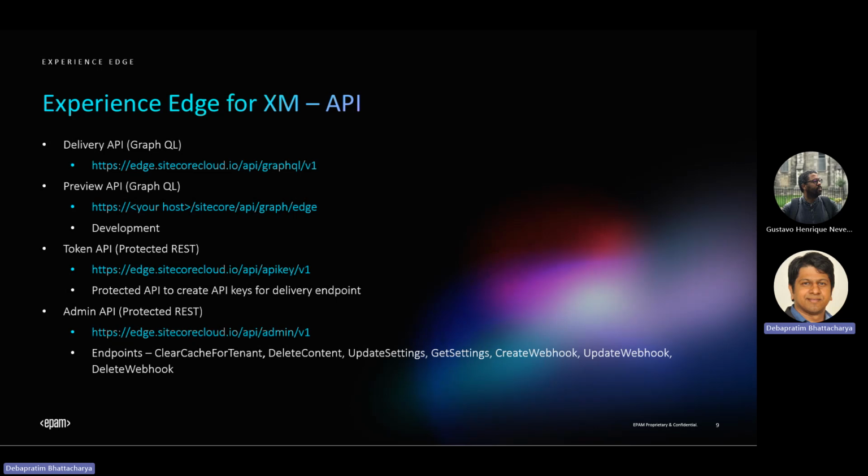Once you publish this master data to the Experience Edge endpoint, it becomes available from the Delivery API. The Delivery API is very performant because when you push data to Experience Edge, all the data is cached, and the Delivery API runs all the GraphQL queries on that cached data, which makes it really fast.